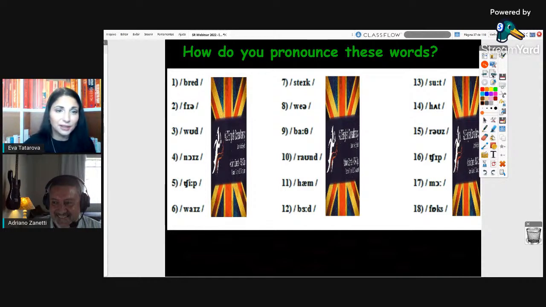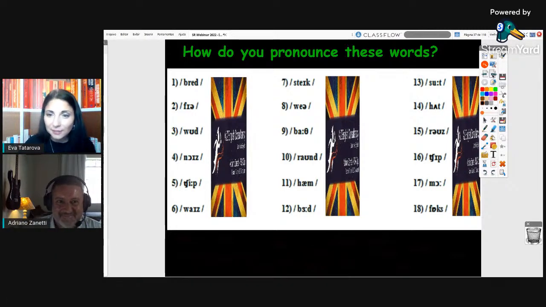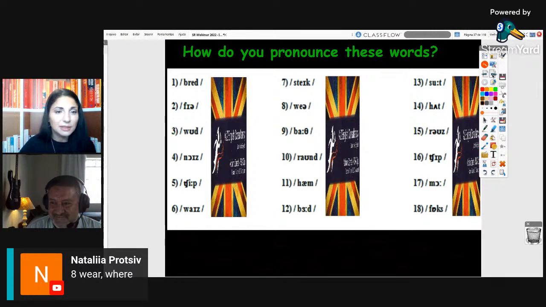Which one can you recognize? Yes, thank you. Marcella says we can change the meaning if we don't use them correctly. Yeah, definitely, especially when it comes to some minimal pairs. Yeah, Miss Natalia, number 8, where and where. So, which one?